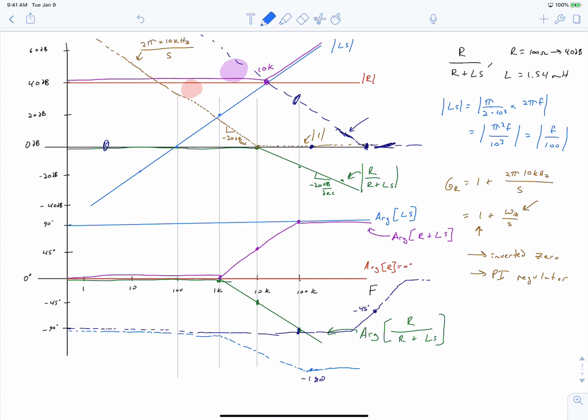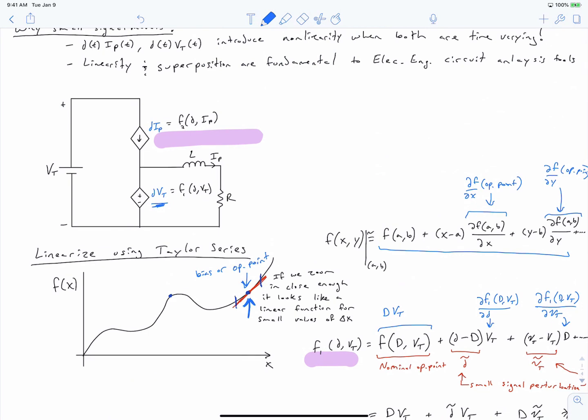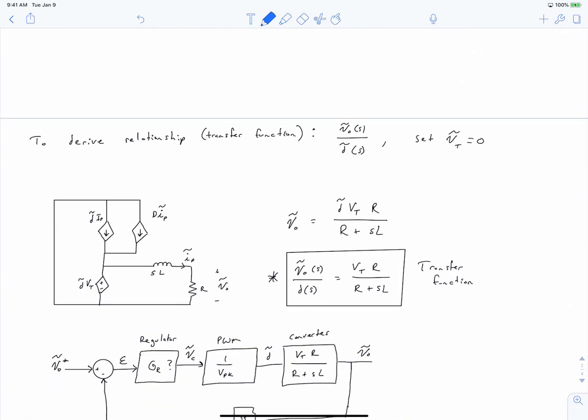So this shows you how you're able to go from your equivalent circuit of your power module, or your power converter, to derive a small signal transfer function for your converter.